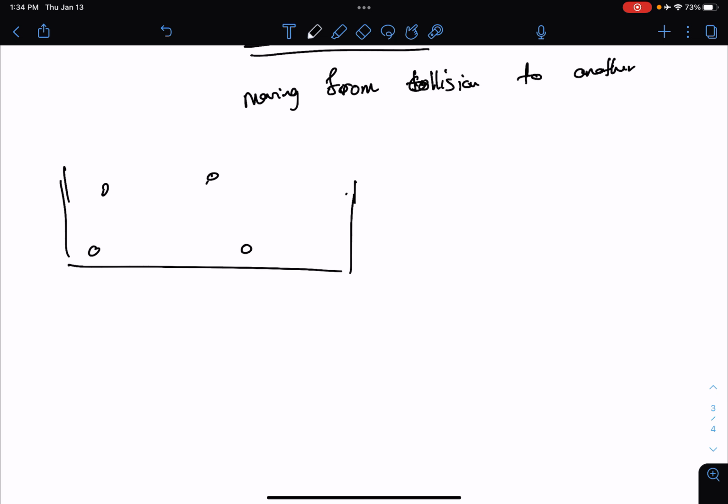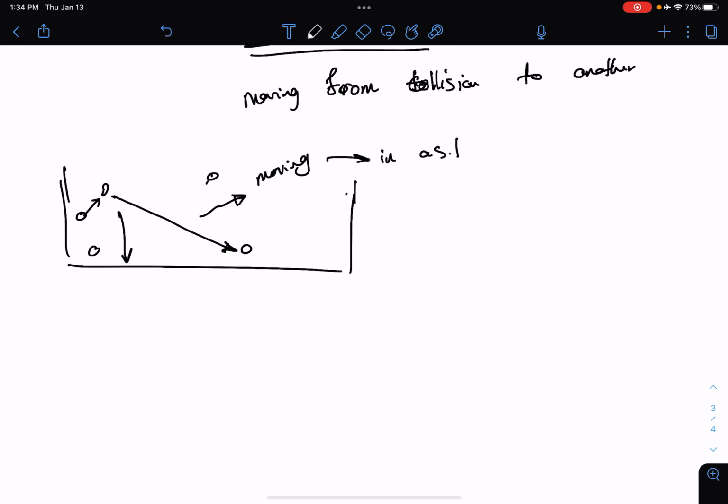What happens is this molecule moves here, collides with this molecule for a very short amount of time, and then changes its direction, moves to either collide with a plate or another molecule. But most of its time is spent just moving in a straight line, or moving on a straight line, right?